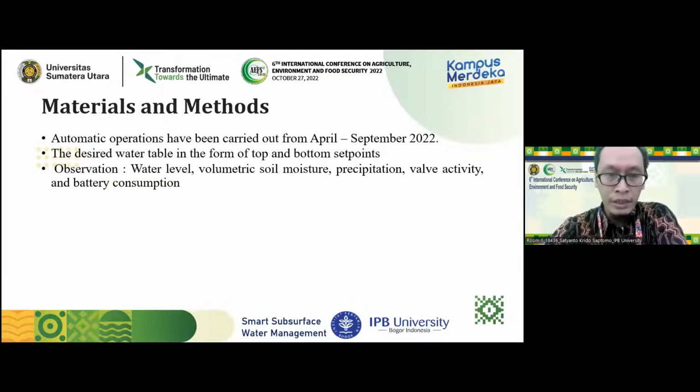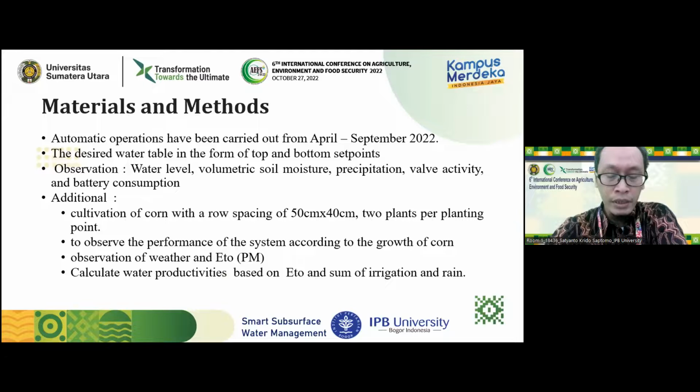So we tried to operate the system automatically for about, as I mentioned, 1 year, but especially we try to use the system for corn cultivation, just for a small observation while we are observing the performance of our system.